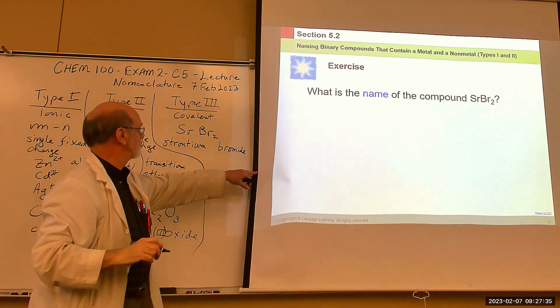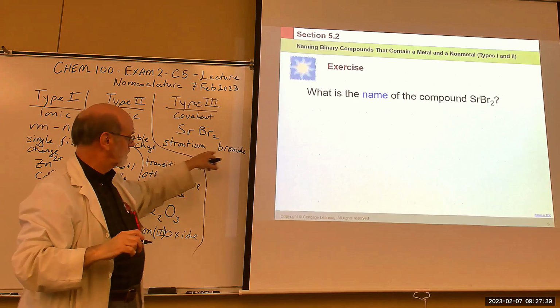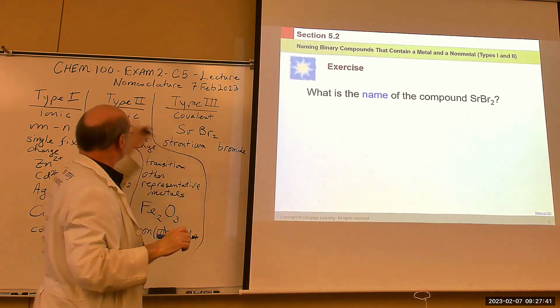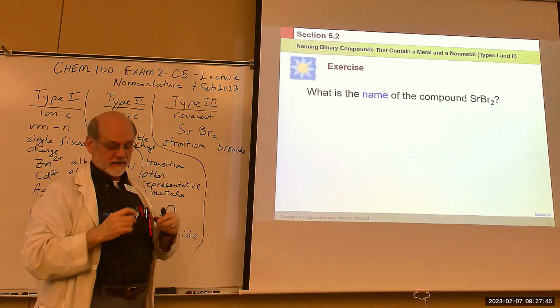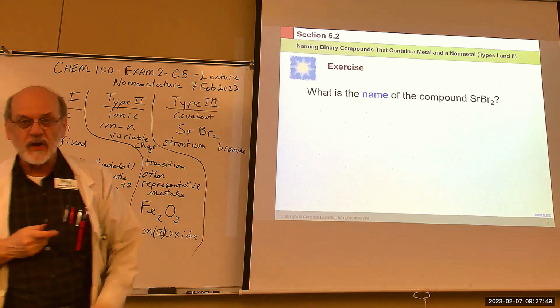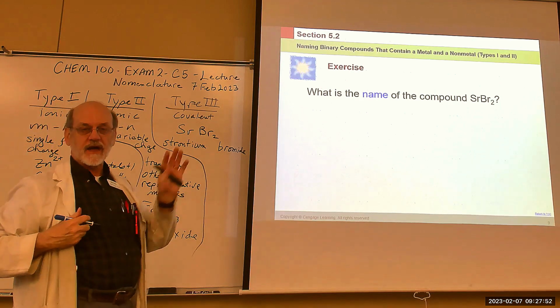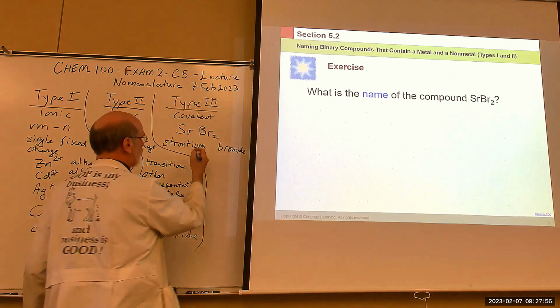Okay, the question is, since strontium is a metal, bromide's a non-metal, then it's either a 1 or a 2. So which one is it? Well, we look for strontium. Where is it located? Strontium is located in the second column, the alkaline earths. That means it has a +2 charge.